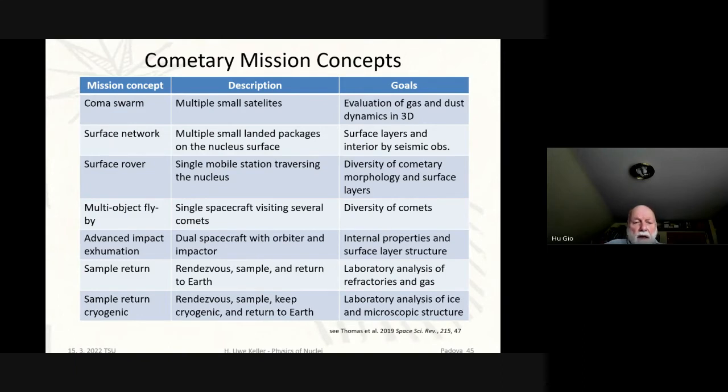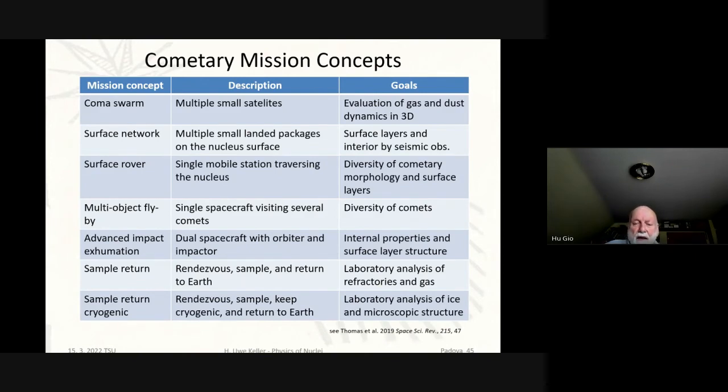You have a surface network: you can land several small packages on the surface and analyze various parts of the surface. Or, instead of several packages, you can land a surface rover, which on a cometary nucleus is not a trivial thing, as you have seen.